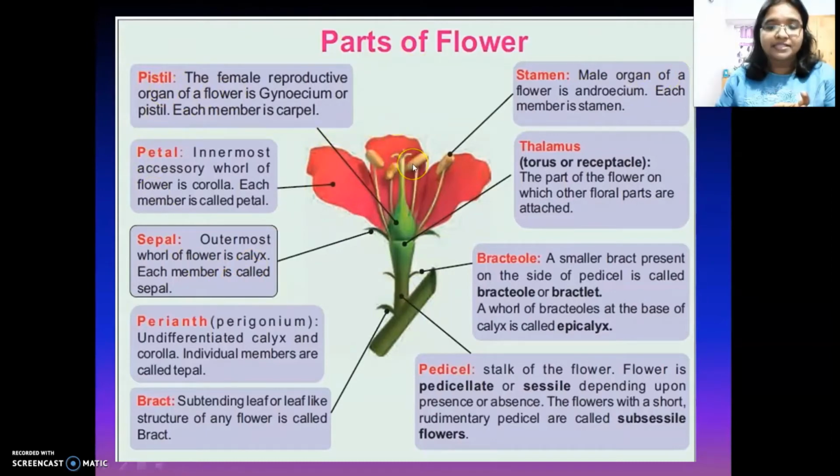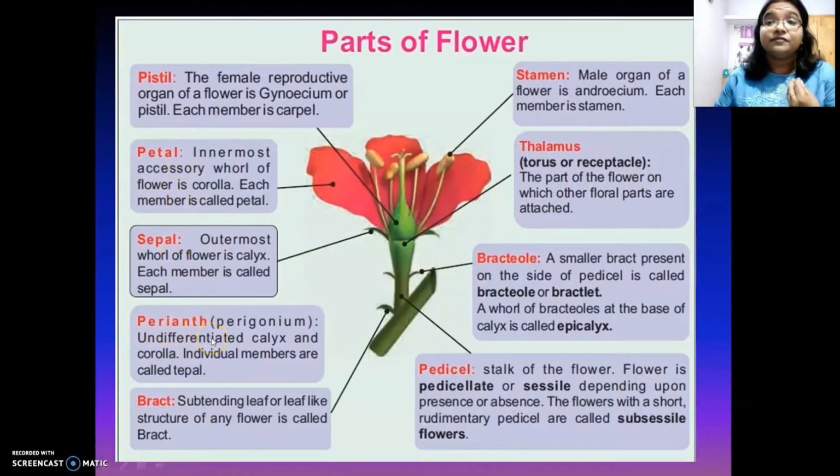Before that, you should know that in some flowers there will not be any differences like sepal and petal differences. There is only one whorl, colorless or maybe colored also, and that single whorl, without getting differentiated into petal and sepal, we call the perianth.